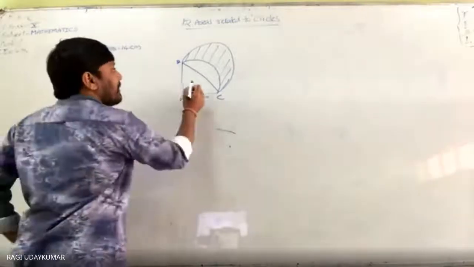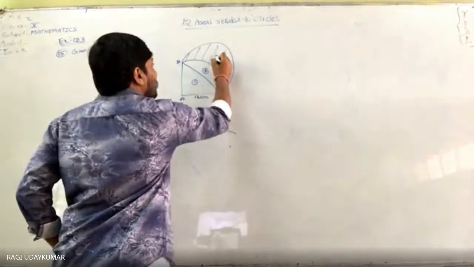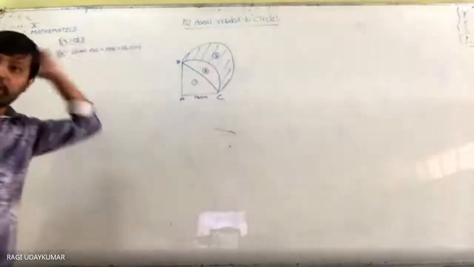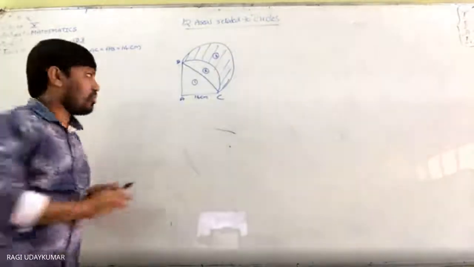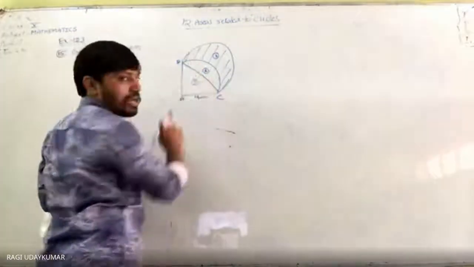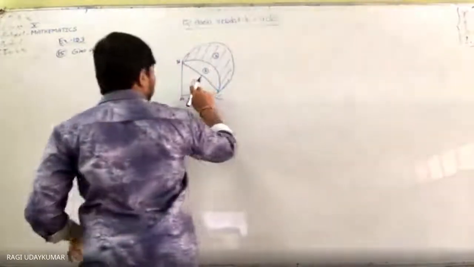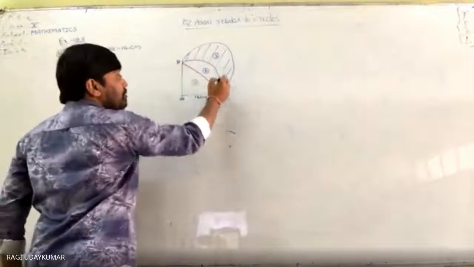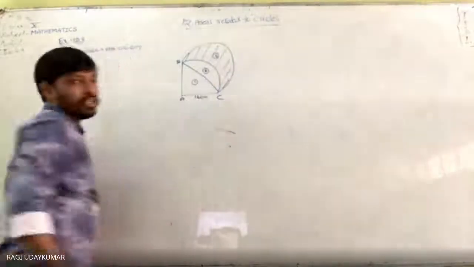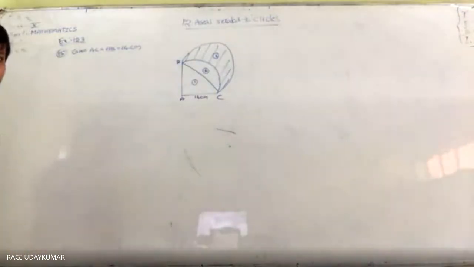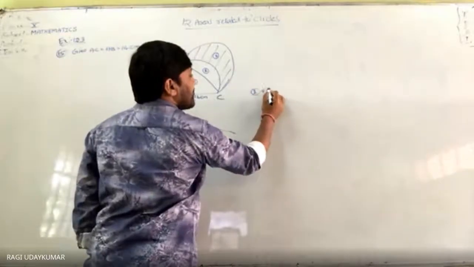Okay, so here let us divide these regions and number them 1, 2, 3, which makes it easier. The triangle region I am giving as number 1. Next, only this part is number 2 and the upper part is number 3. So the area of the semicircle is nothing but 2 plus 3.